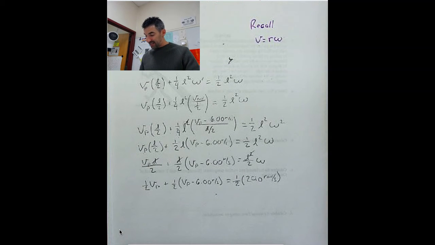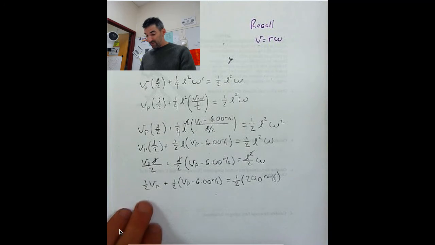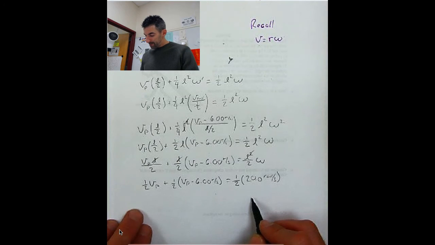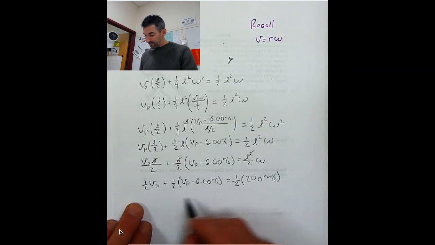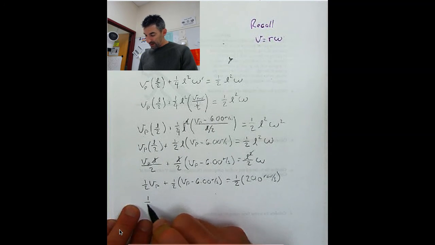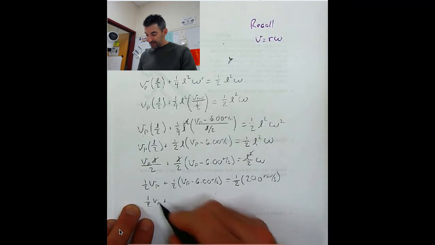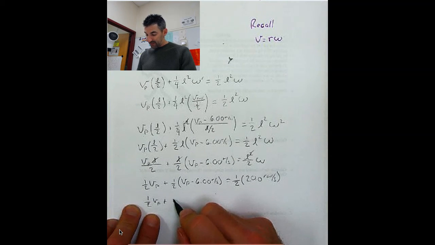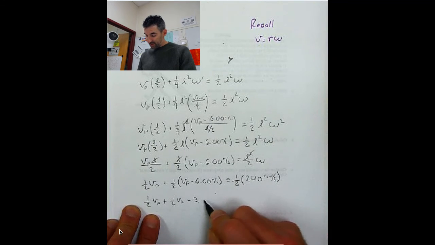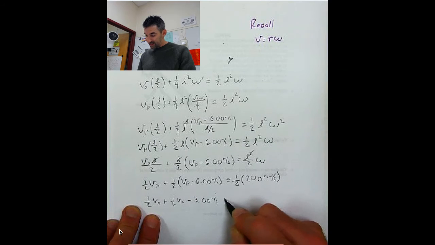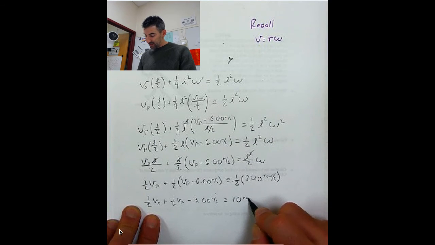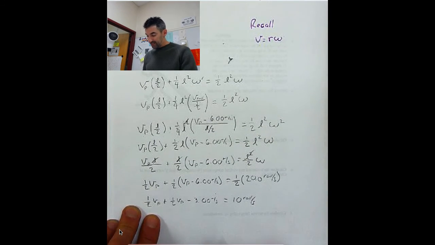And that means I can solve for v particle. 1/2 v particle plus 1/2 v particle minus 3.00 meters per second equals 10 rads per second. Distribute that, add that, that's going to be 13.